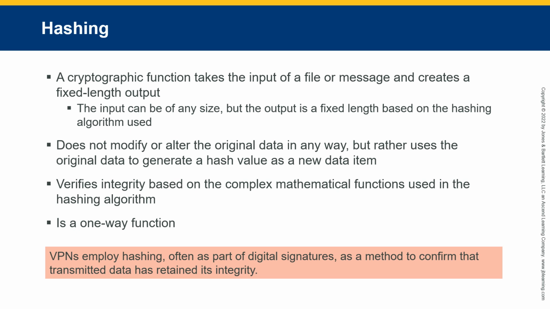You will often see that in emails that use PGP, Pretty Good Privacy, where it says nothing has been altered, here's the hash function, and you can go look at the digest on my website and validate that this has not been changed. You also see a lot of hashing in files that are downloaded from the internet. VPNs often employ hashing as part of digital signatures as a method to confirm that the transmitted data has integrity.